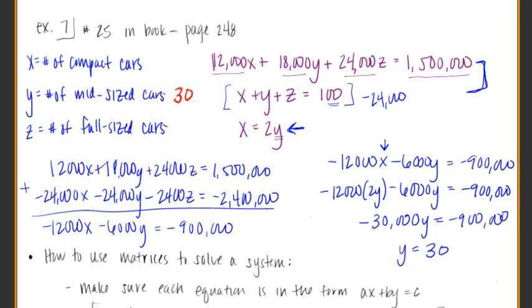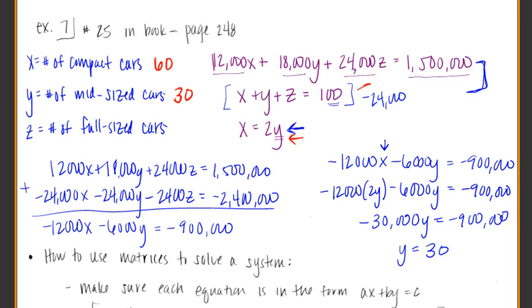Well, because I know y, don't I know x? Coming back up to that third equation, X has to be double what y was, because the number of compact cars was double the intermediate or mid-size. So the number of compact cars was 60. All right, one last thing to call this finished. Total number of cars, look at that second equation.